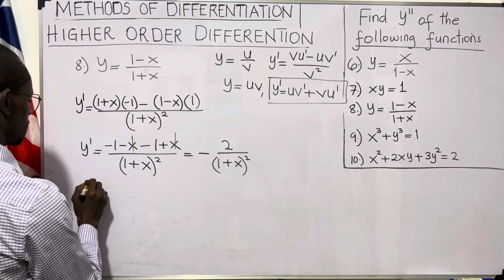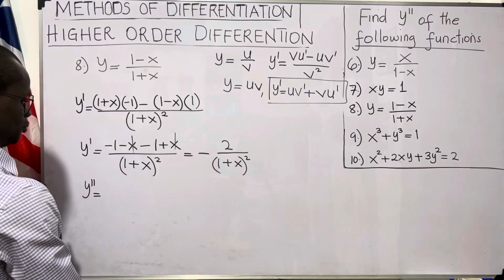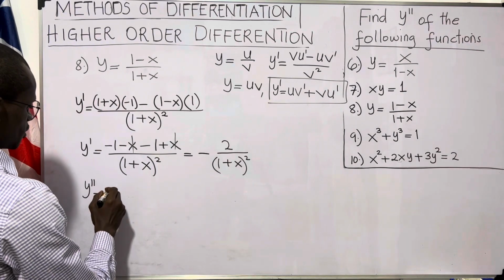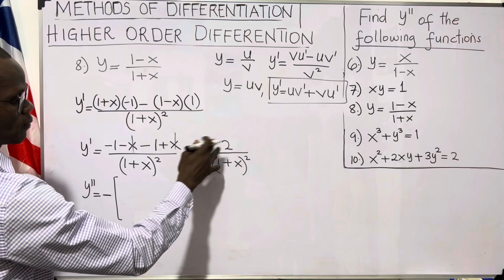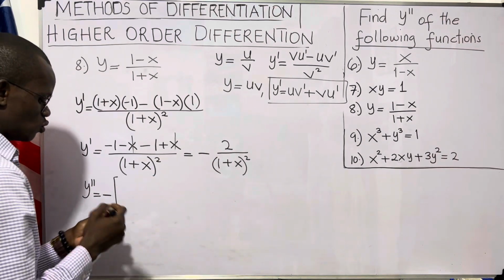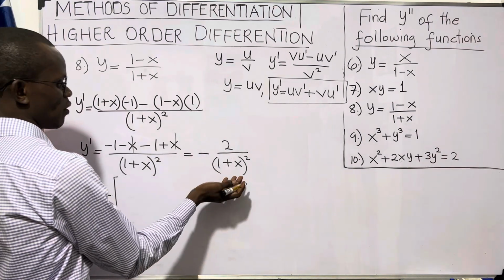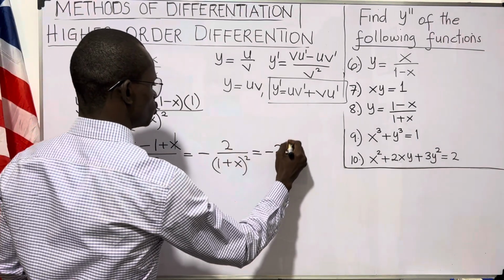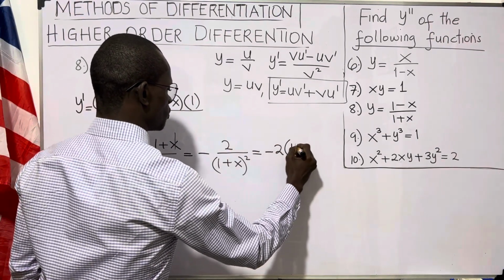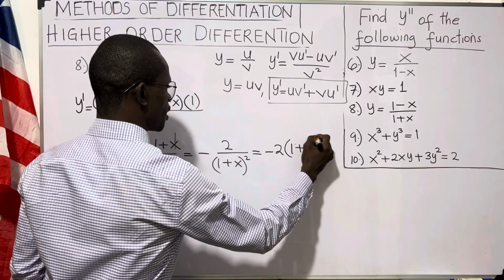Now we find the second derivative, y double prime. We have a negative sign, we hold on to it, and we can use the quotient rule, or we can use the power rule. Send this expression on top. This will give us minus 2 times 1 plus x raised to the power minus 2.